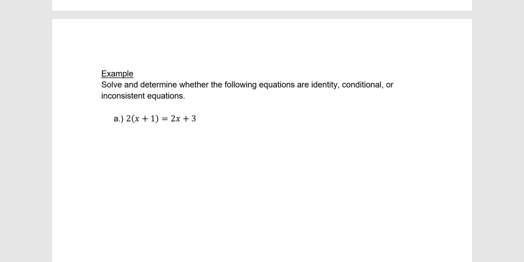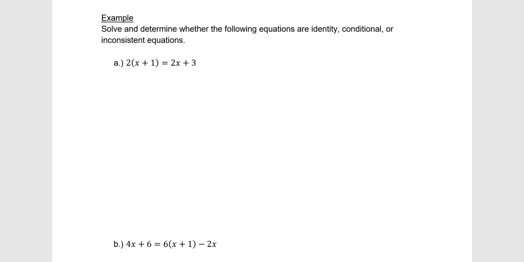Okay, let's do a couple examples here to determine whether these equations are identity, conditional, or inconsistent. We have 2 times x plus 1 equals 2x plus 3. If we went to solve this, we would distribute the 2. So 2x plus 2 equals 2x plus 3.